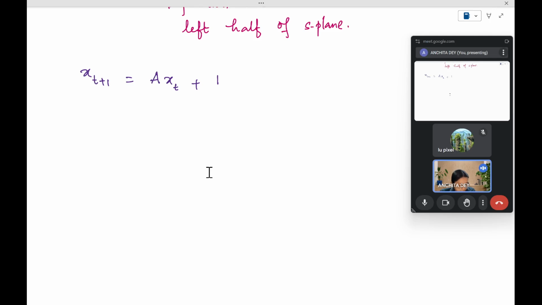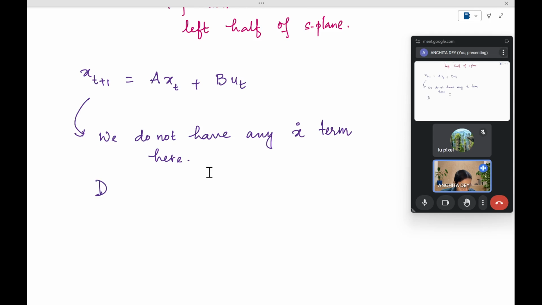You can notice that we do not have any x dot term here. Why? Because this is in a discrete setting. In discrete mode, you just have different values of x at different time instances. Since there is no continuity, you can't do any differentiation.